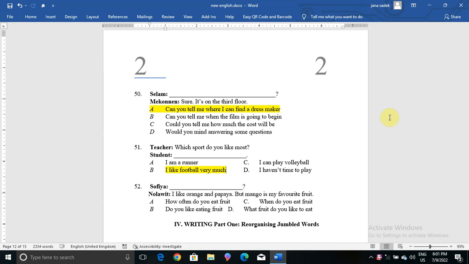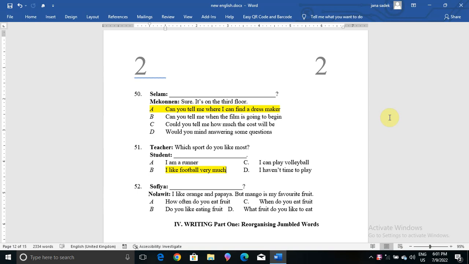I like orange and papaya, but mango is my favorite fruit. Is Sophia asking how often do you eat fruit? How many times are you eating fruit? No. When do you eat fruit, like the time? No. What fruit do you like to eat, or do you like eating fruit?